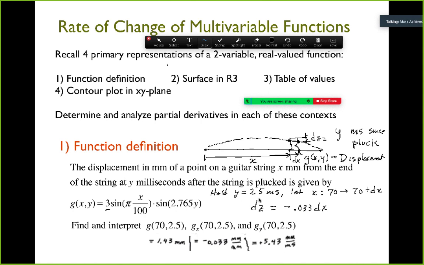Okay, so holding y at 2.5 milliseconds, given a change in distance down the string, the resulting change in displacement of the string would be that rate times the change in x that we picked. That's the meaning. It's a mouthful, right? There's a lot of details wrapped up in that number. So we really want to work at knowing that well.